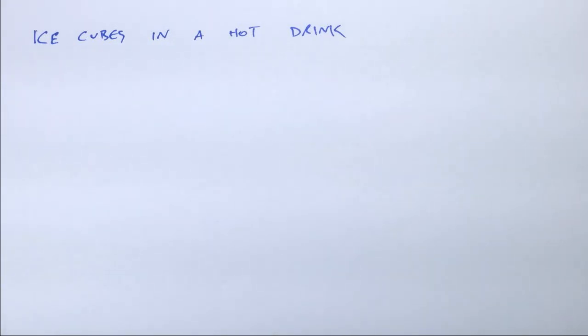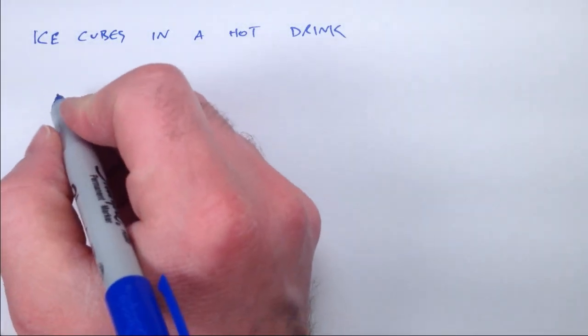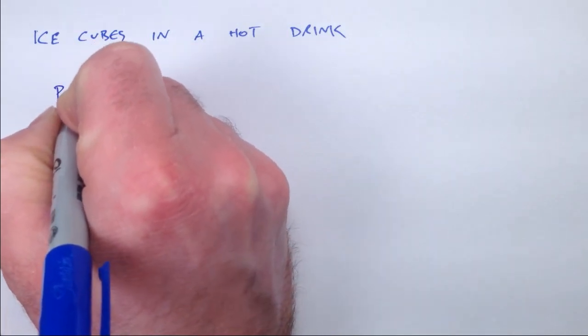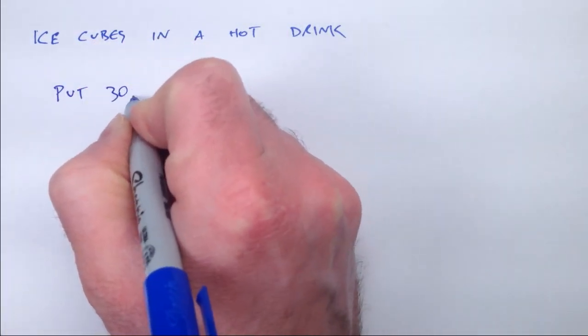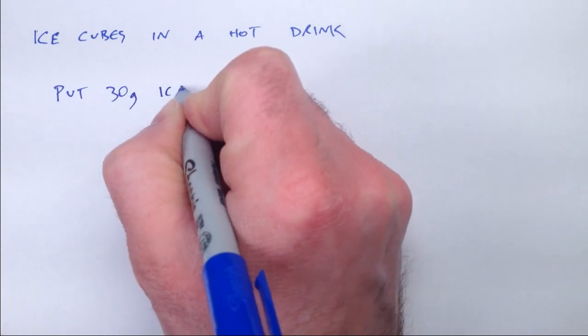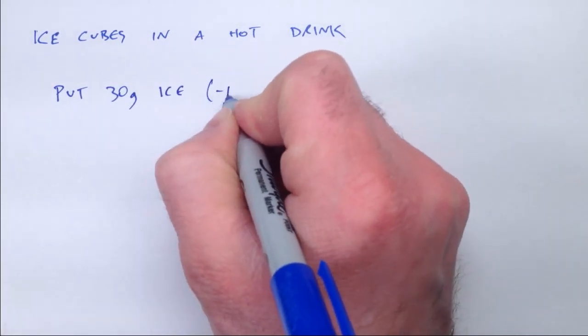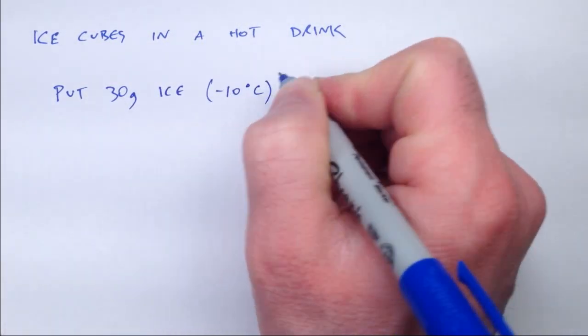And I'm going to assign at the end of this a problem that is similar, so you can use this example as your guide. Here's what we're going to do. We're going to have 30 grams, again, of ice that is currently at -10 degrees Celsius.